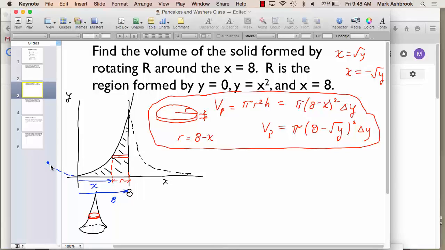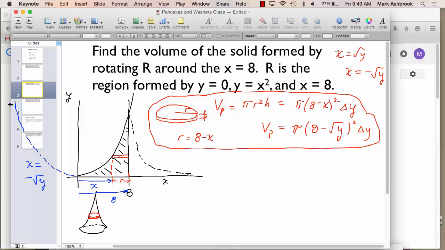This is x equals negative square root of y. So if we did plus or minus, we would get 2 instead of just 1. You can't do plus or minus in a calculation. It would be 2 different numbers. So one of them is right and one of them is wrong. We want the x coordinate of x equals positive square root of y. X equals negative square root of y is this curve over here. It doesn't have to do with what we're doing.